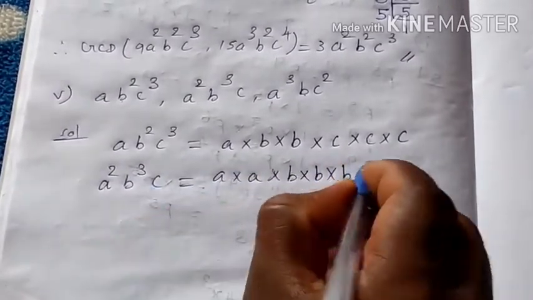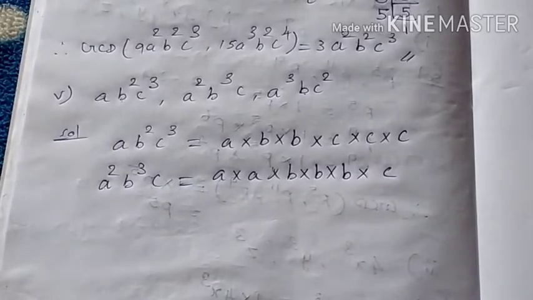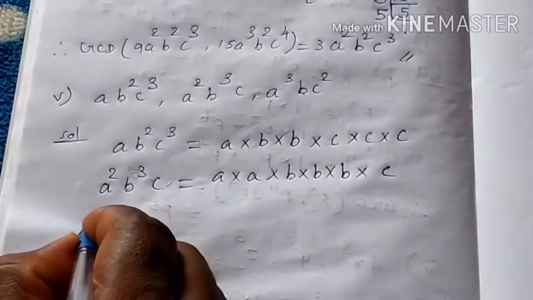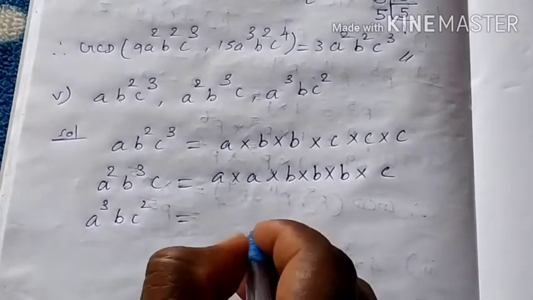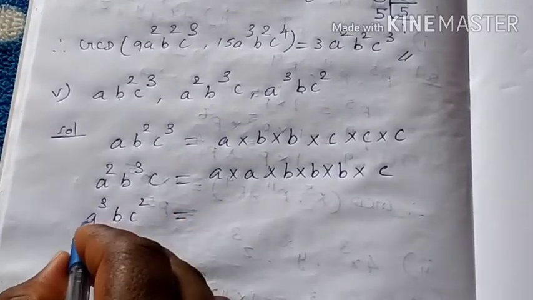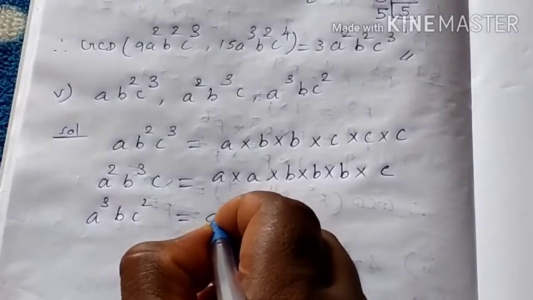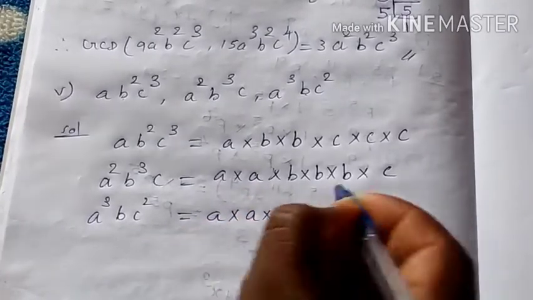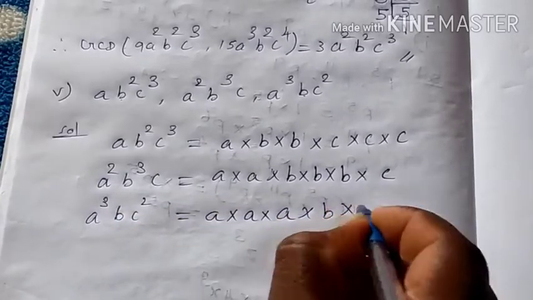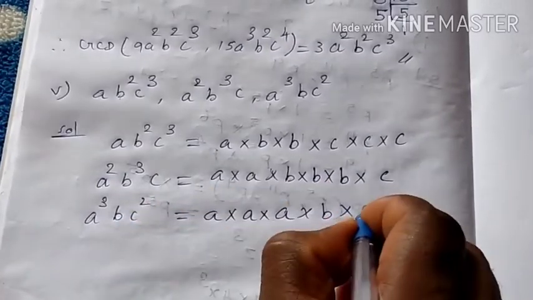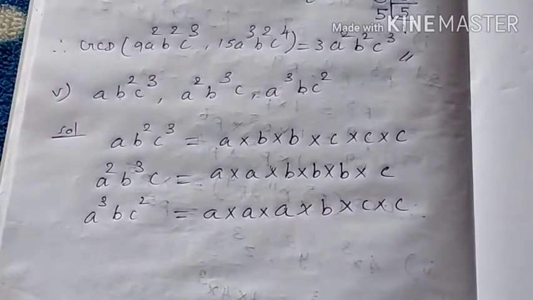And c is the least, so that's all. Next, write the third factor a cube b c square: a is the least value, so a cube can be written as a into a. Then b is the only value, and c square can be written as c into c.